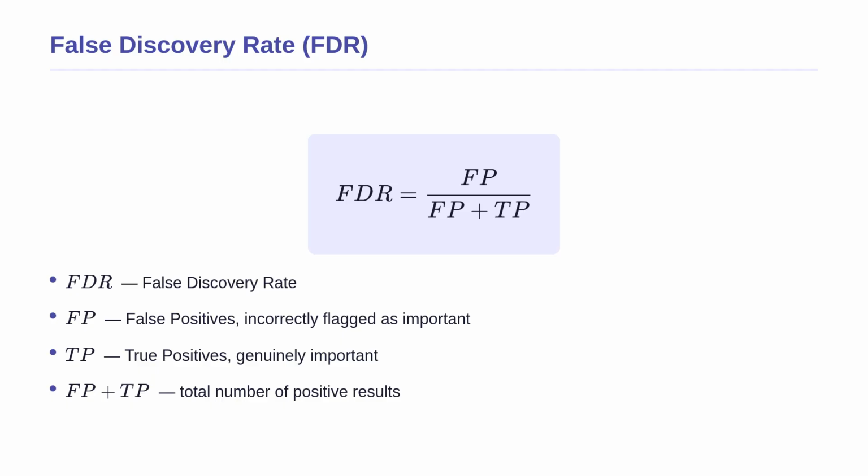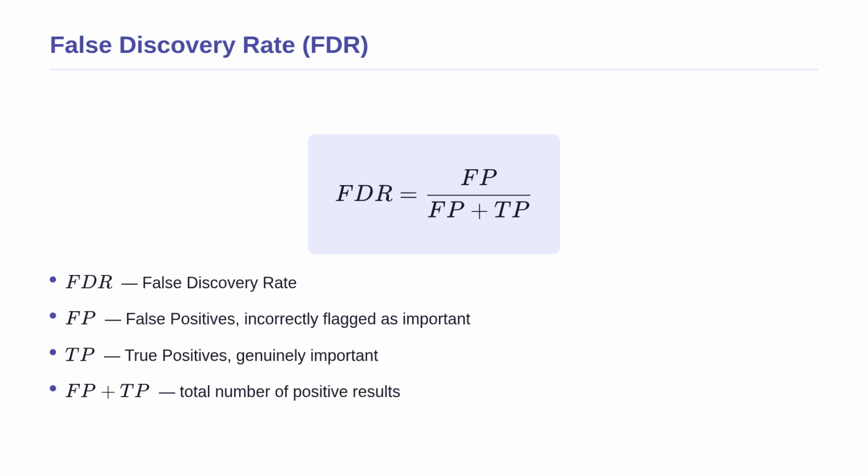This metric is called the false discovery rate, and here is the formula we use to calculate it. The variable FDR stands for the false discovery rate, which is the proportion of our positive results that are actually wrong. The variable FP represents the number of false positives, which are genes the computer incorrectly flagged as important.